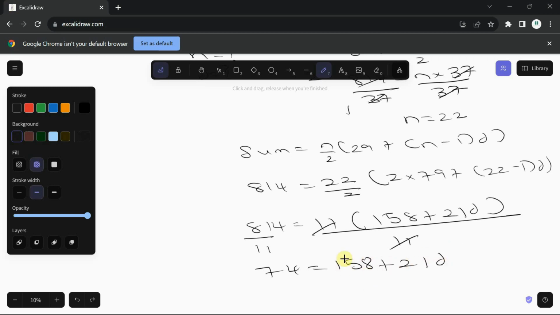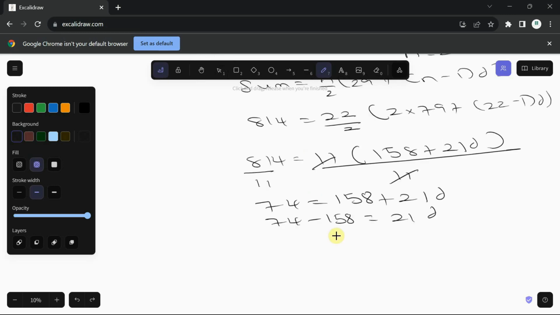So if I carry the 158 to the other side, that would be 74 minus 158 is equal to 21d, right? 74 minus 158, let's see that. If you do that on your calculator, that will give you minus 84 is equal to 21d, right? And if you divide both sides by 21, 21 will cancel 21, 21 here 1, 21 here 4, right? So that means our d is equal to minus 4, right?